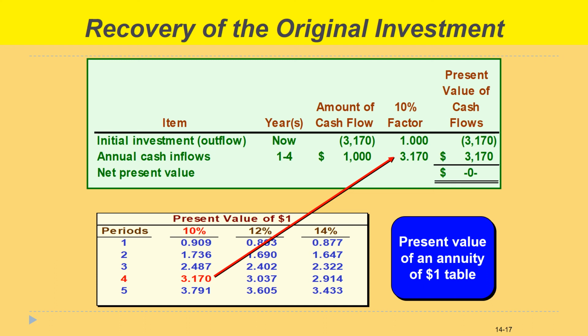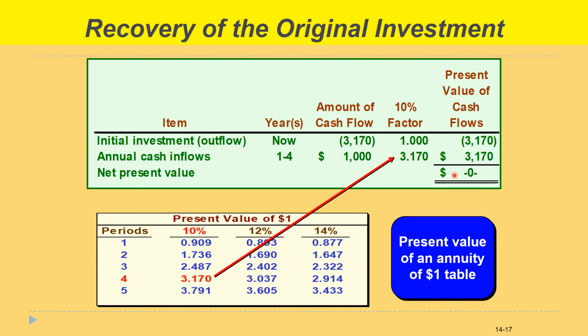Original investment. Okay, we spoke about this a little just now. The initial investment outflow, so this in brackets indicates a 10% factor. The annual cash inflows, years 1 to 4, is 1,000 multiplied by 3.17.